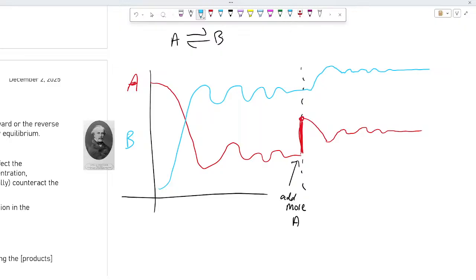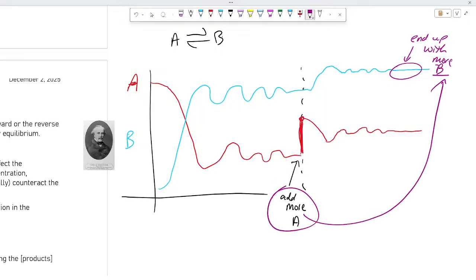If you look here, we only have more A because we added more A. We didn't add any more B, and yet we end up with more B. We added more A, and the result is actually to make more B. Does that make sense?